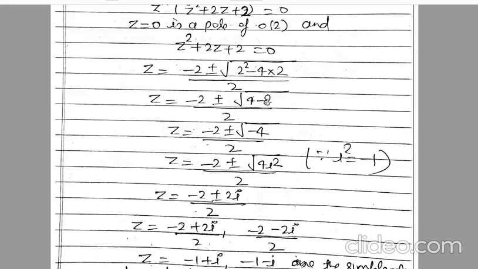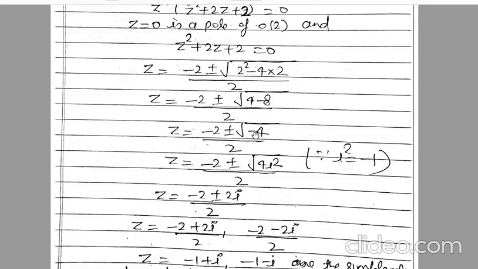The method is x is equal to minus b plus minus square root of b square minus 4ac upon 2a. Just apply here. Minus b means minus 2 plus minus square root of 2 square minus 4 into 2 into 1, upon 2a. 2a is 2. Now z is equal to minus 2 plus minus square root of 4 minus 8 upon 2.